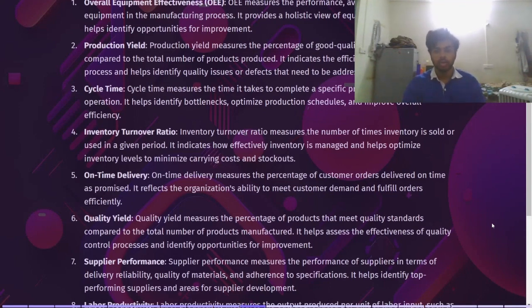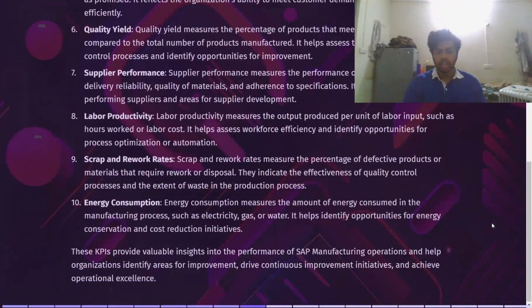Then comes on-time delivery, which measures the percentage of customer orders delivered on time. Then comes quality yield, which measures the percentage of products meeting the quality standards. Then comes supplier performance, which measures supplier delivery reliability and material quality. Then comes labor productivity, which measures output per unit of labor input.